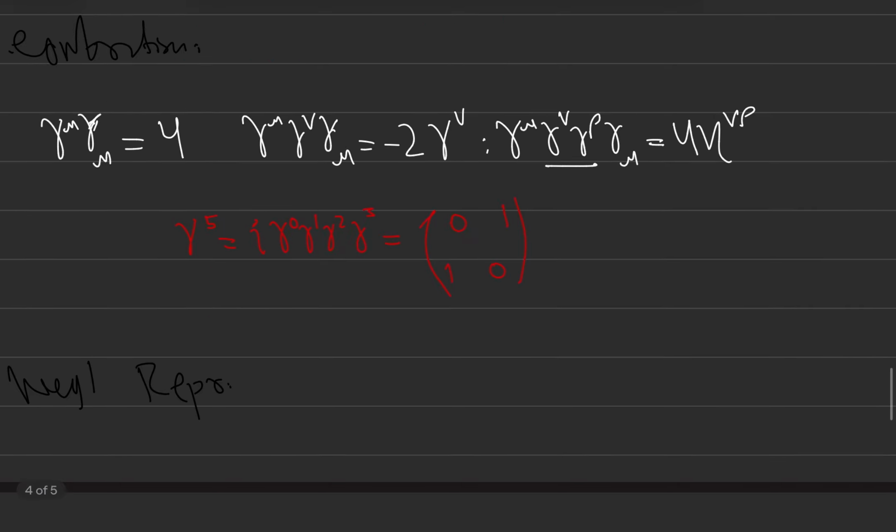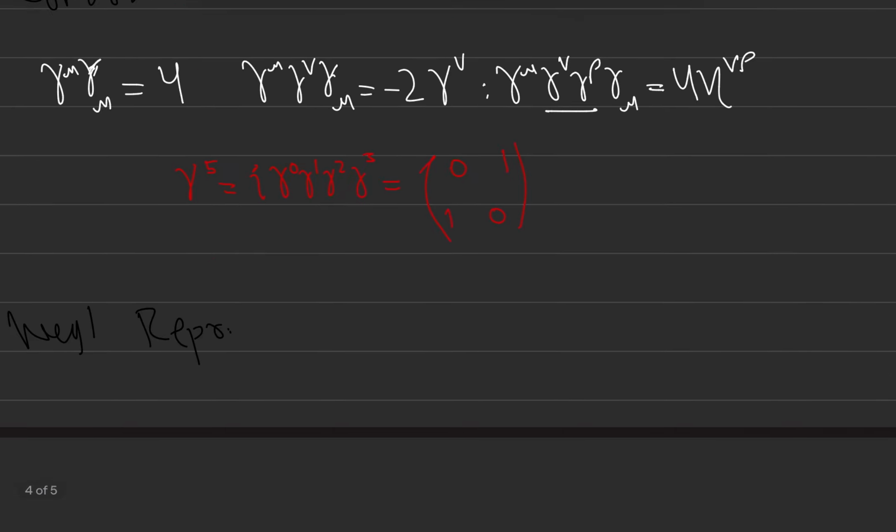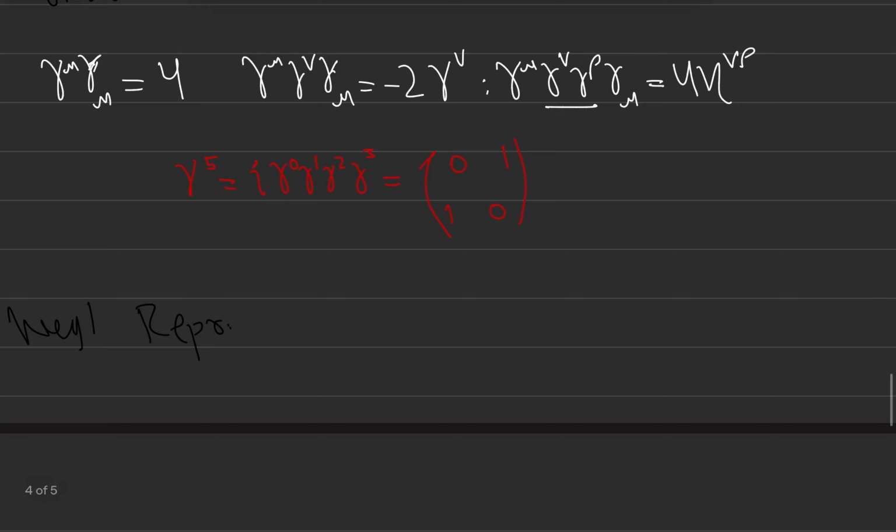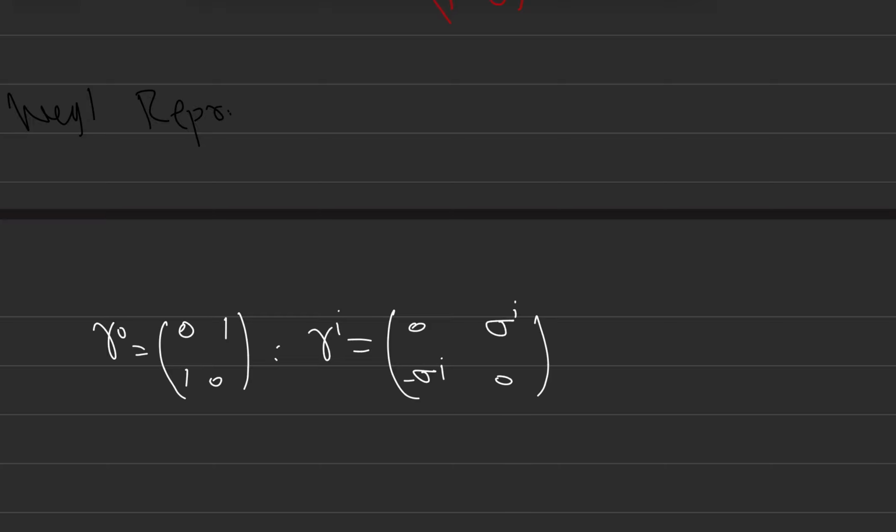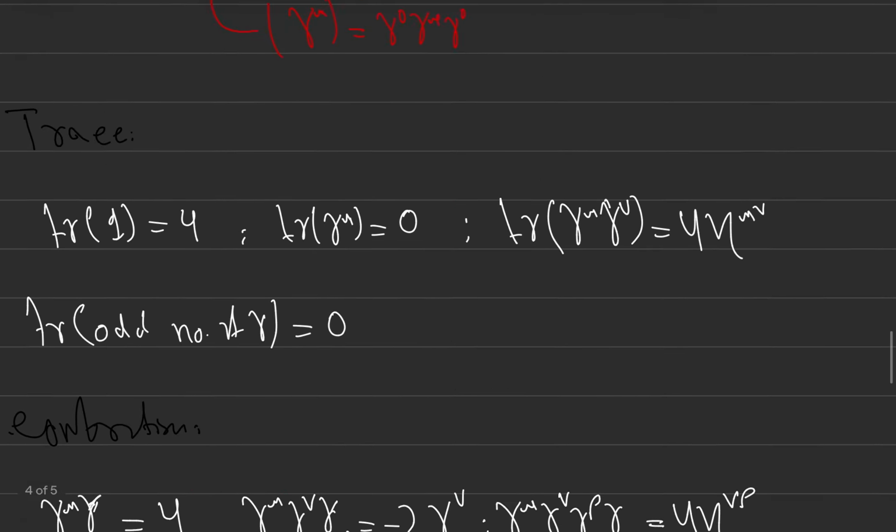In the Weyl representation, gamma 5 changes its form. So all other gammas are the same. Gamma naught is your 0 1 1 0, while your gamma i's are the same Pauli matrices, while your gamma 5 is minus 1 0 0 1.